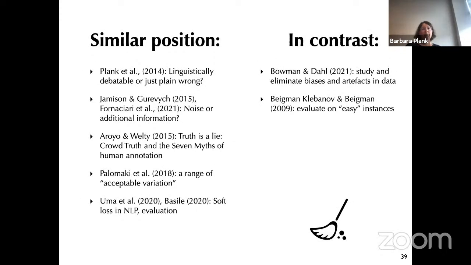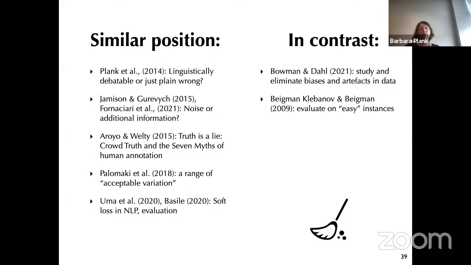What we advocate for here is that we see linguistically debatable cases in a majority of the cases, and there is other work in this direction which argues for this. Jamison and Gurevych looked at whether this disagreement is noise or actually additional information, and there is the CrowdTruth work by Aroyo and Welty.